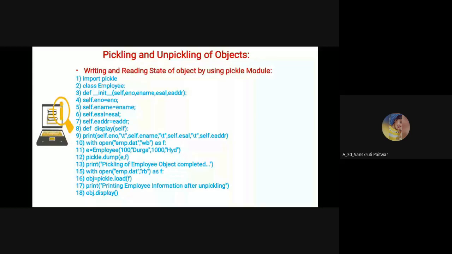Then with open('emp.dat'), here we are writing the data to this file. That's why we are opening that file in write binary mode, because that file is a binary file.